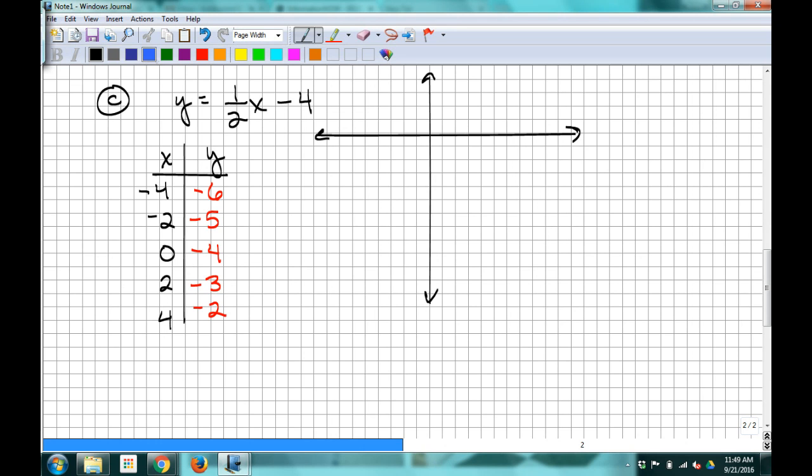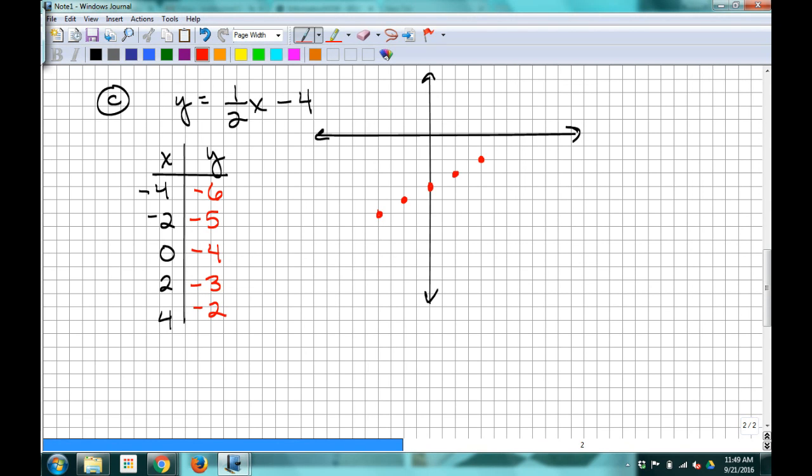All right. Let's plot those points. -4, -6; -2, -5; 0, -4; 2, -3; and 4, -2. Nice straight line with our dots.